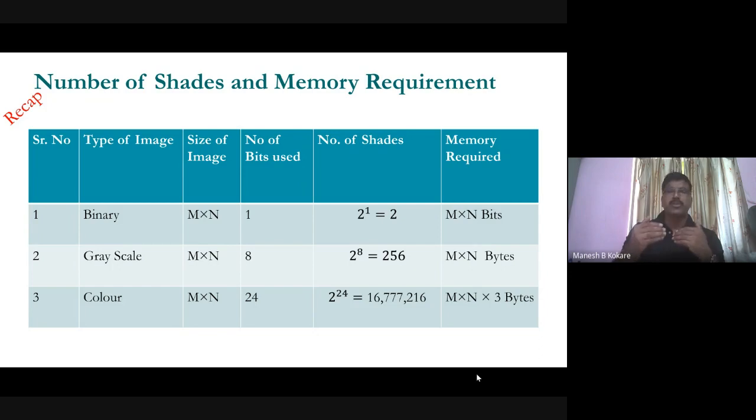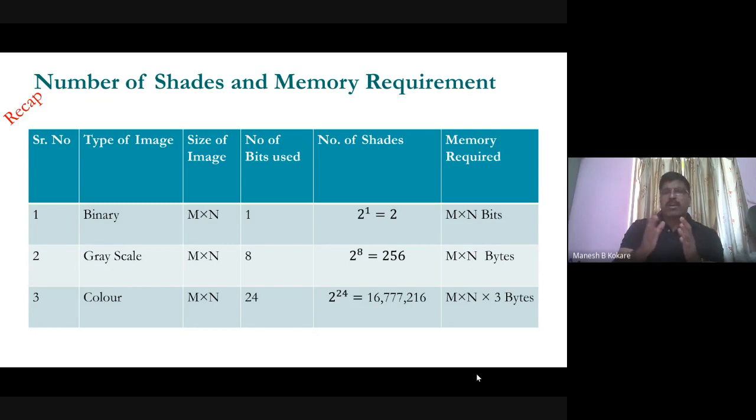For a color image it is 24 bits, since there are 3 planes, R, G, and B, and each pixel in every plane is represented by 8 bits, that is 1 byte. So in total, 1 pixel in 3 planes is represented by 24 bits.